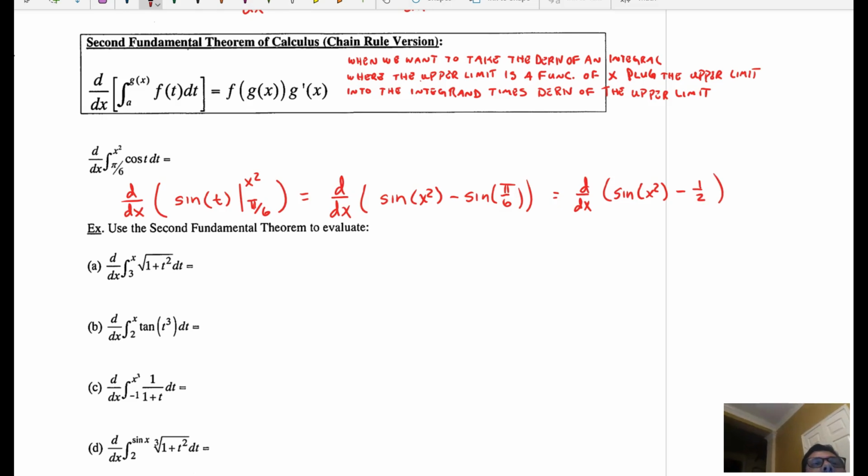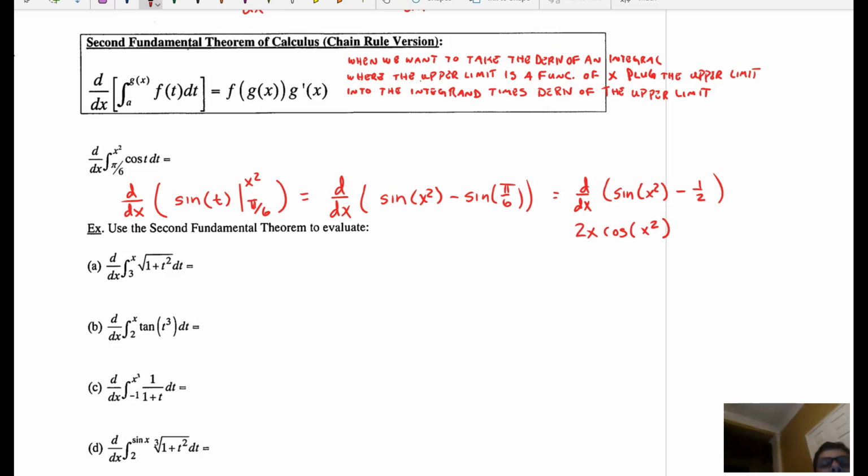After we do the antiderivative here, we can apply that derivative operator. The derivative of sine is cosine, leaving the inside alone, times the derivative of that inside, which is 2x, and then the derivative of that constant half is 0.